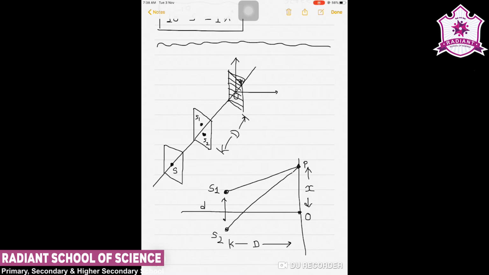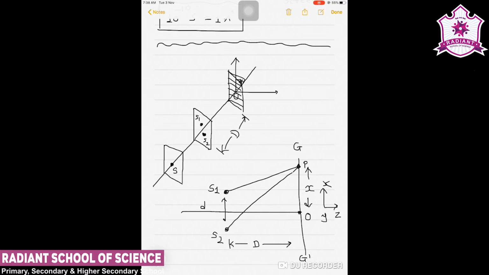So this was the experimental arrangement made by Young, and how the results were derived by him we will see now. We can have a simple calculation on that basis.